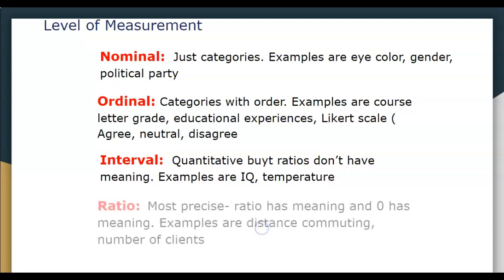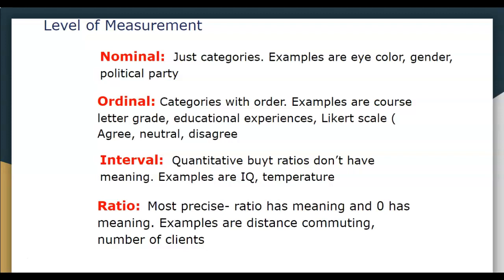The last one is ratio. This is the most precise level of measurement. Ratio has meaning and zero has meaning. For example, distance commuting, in business, number of clients. Distance commuting, for example, if you're taking this course online, you're not really commuting, so you have zero distance of commuting, so zero has meaning.